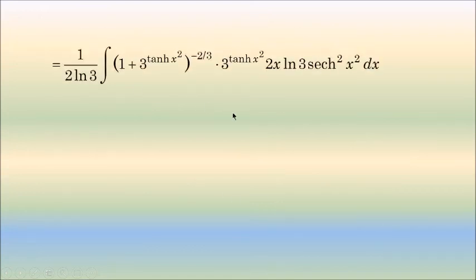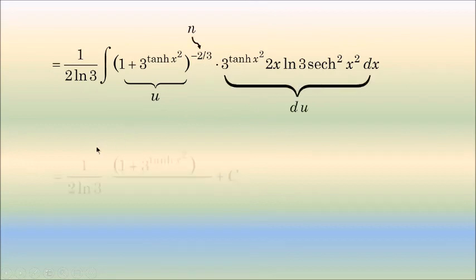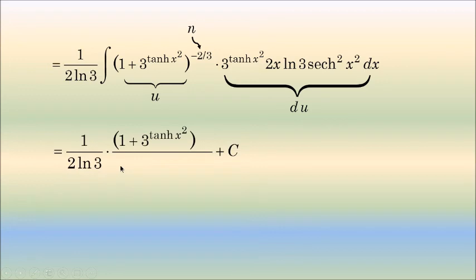So this integral now takes the form of u to the n du. So hence we have 1 over 2 ln 3 times u to the n plus 1. n plus 1 is 1/3. So we have the 1/3 over 1/3.